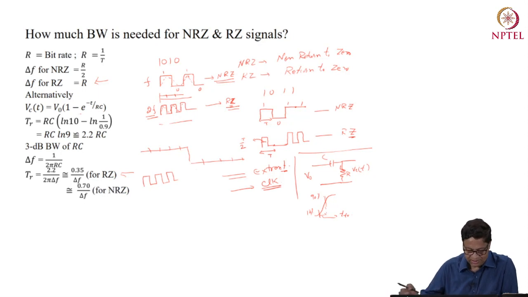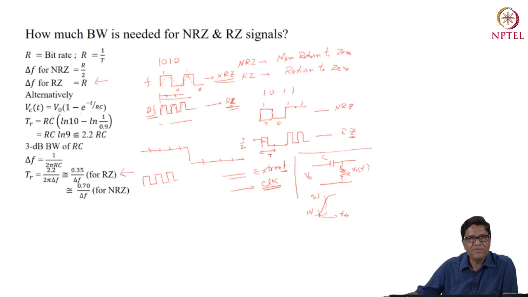And this is 0.7, which will become double because the bandwidth requirement for RZ is R and for NRZ is half. So this will be 0.7 by delta F for the NRZ signal. So this is the transit time calculation for RZ and NRZ signals.